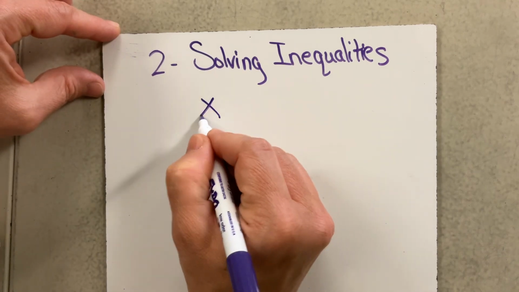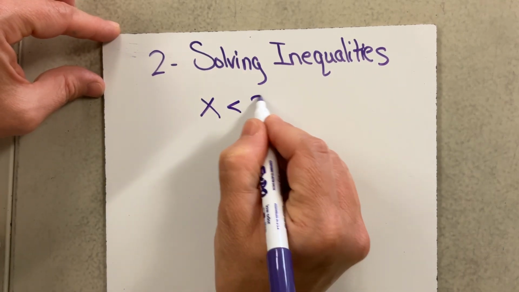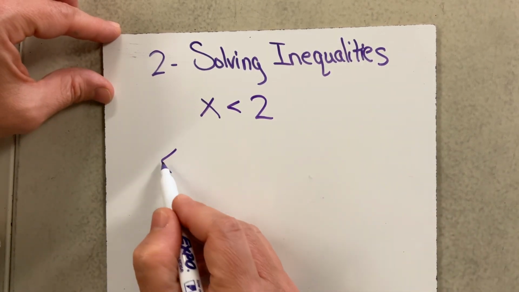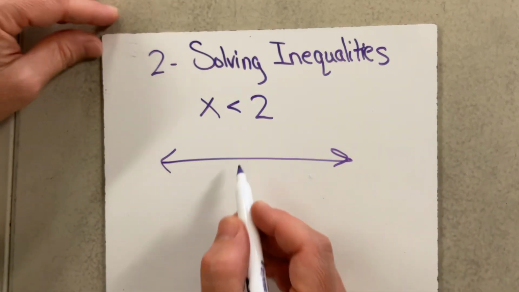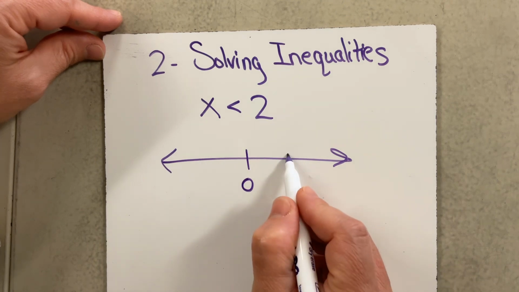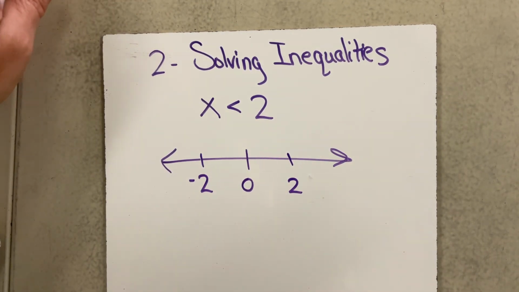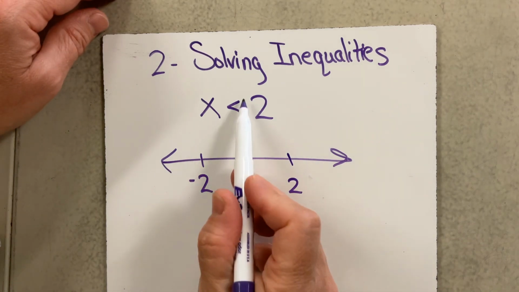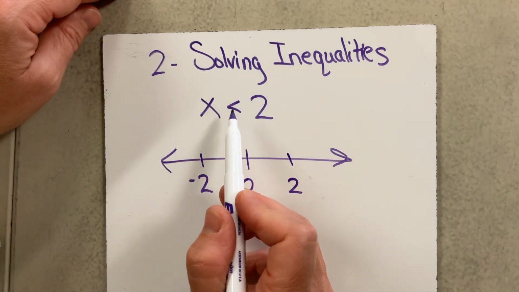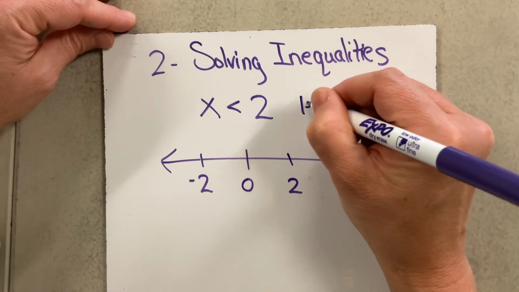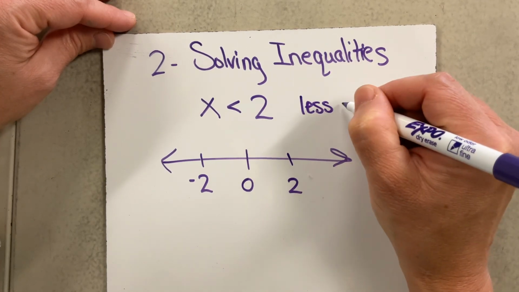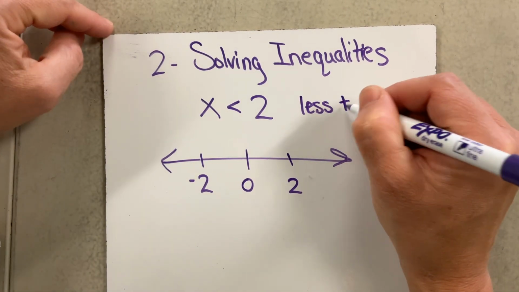So if you have something such as x is less than 2, we're going to put it on a number line, 0, the positive 2, and I'd also like you to show me where the negatives are. Now, this says x is less than 2. Does x equal 2?